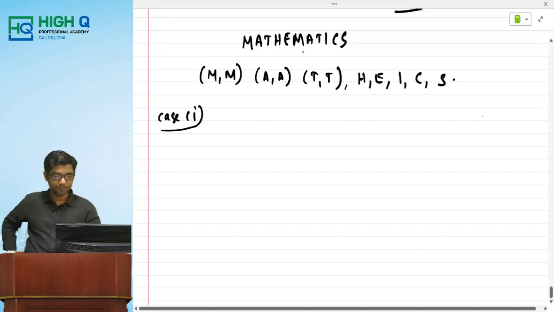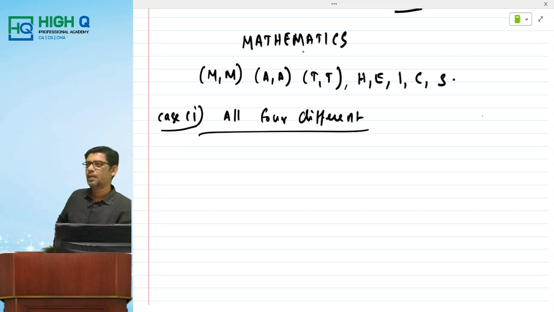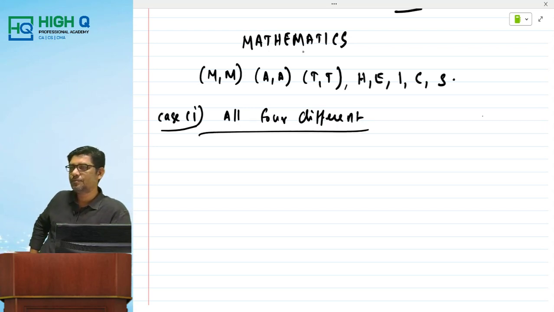Case 1: all 4 different. Now, how many different letters are there? 8 different letters are there. 2 M, but 1 M is different only. All are alike letters.